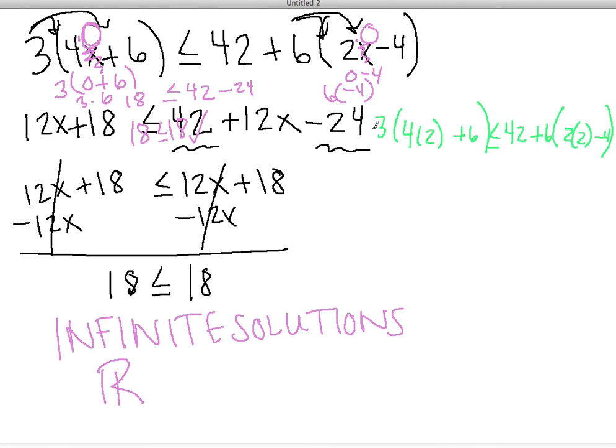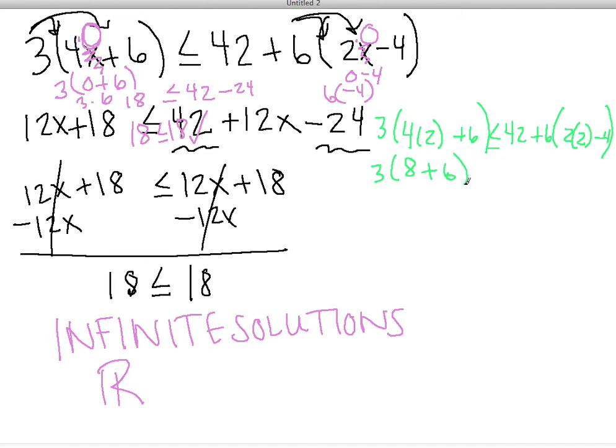We do the inside first. 4 times 2 is 8. So we get 3 times 8 plus 6, which is 14. And now we're going to do 3 times 14, which is 42. So now we have 42 over here.